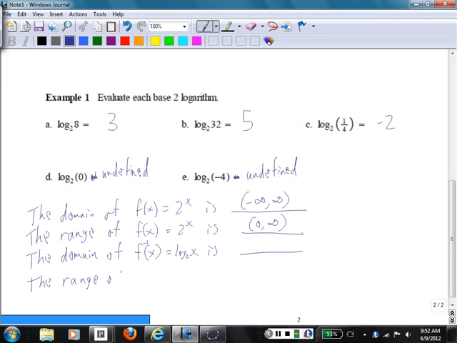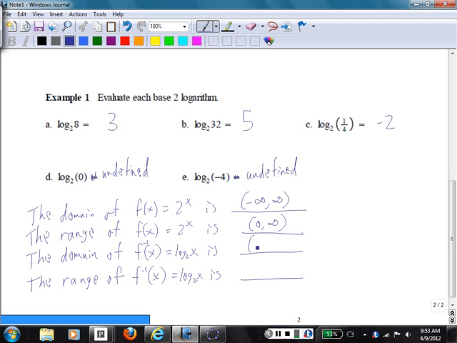And when we interchange the x's and y's, we interchange the domain and range. So whereas the range of the exponential function was only 0 to positive infinity, what we're seeing here, if we try to take the log of 0, it's undefined. We try to take the log of something negative, it's undefined. We can only take the log of positive real numbers.